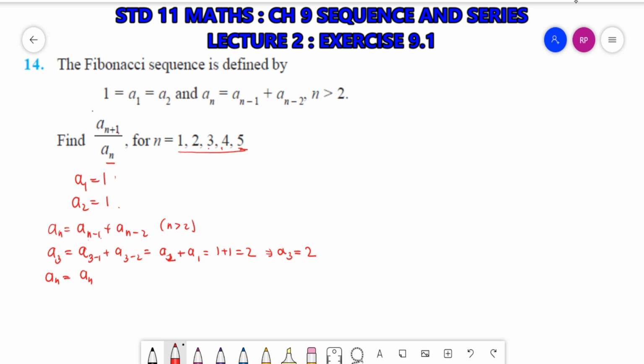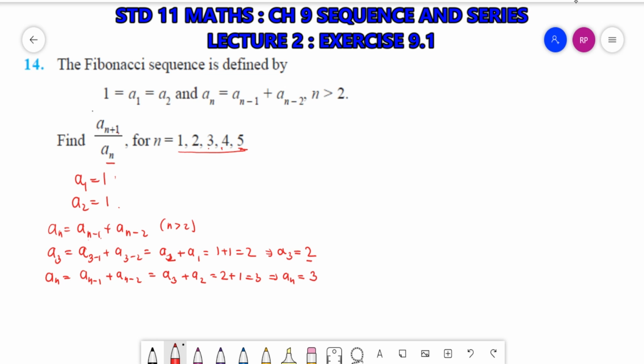A4 is A4 minus 1 plus A4 minus 2, that is A3 plus A2. A3 we found as 2 and A2 is 1, that is 3. So A4 is equal to 3.